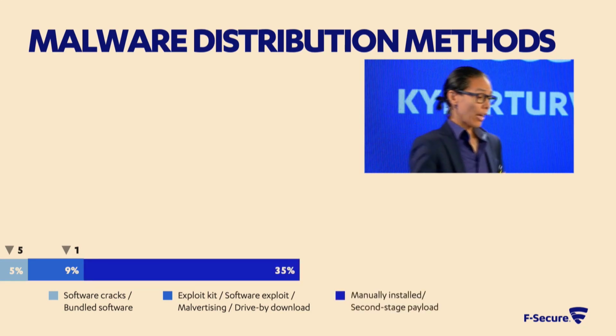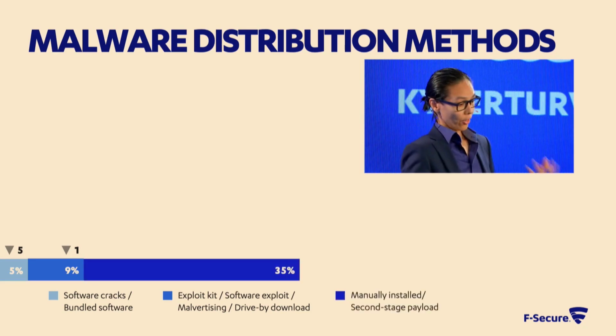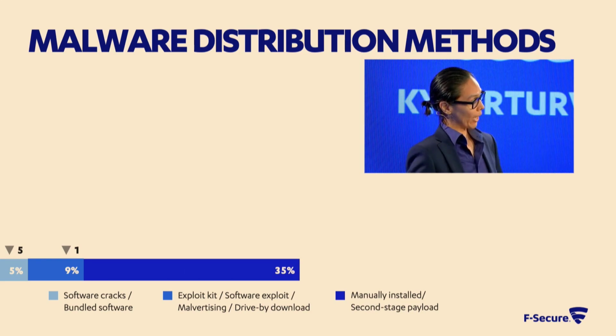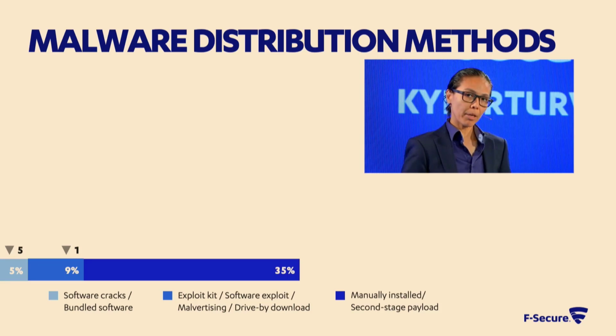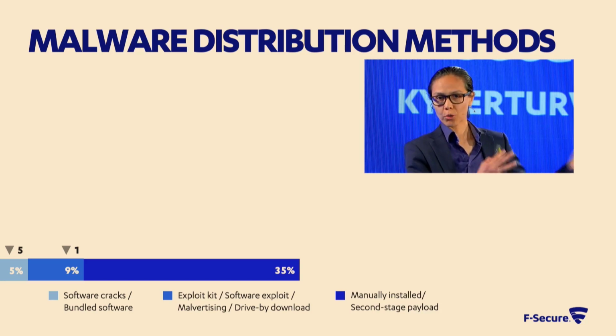And then another infection vector are these manually installed payloads or second stage payloads. Now there's two things that I'm lumping together here. So manually installed payload means that there's an attacker on the other side trying to infiltrate, let's say, an organization or a device to install a payload.